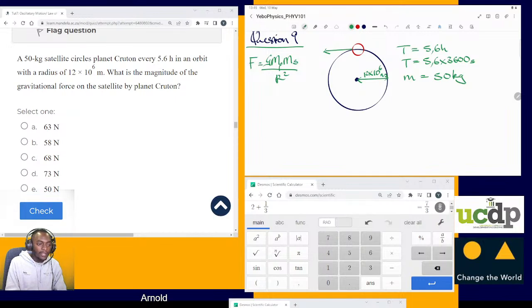All right, and we should also recall that because we have this satellite orbiting, Fc is the centripetal force, which is m v squared over the radius. And our Fg is equal to our Fc.